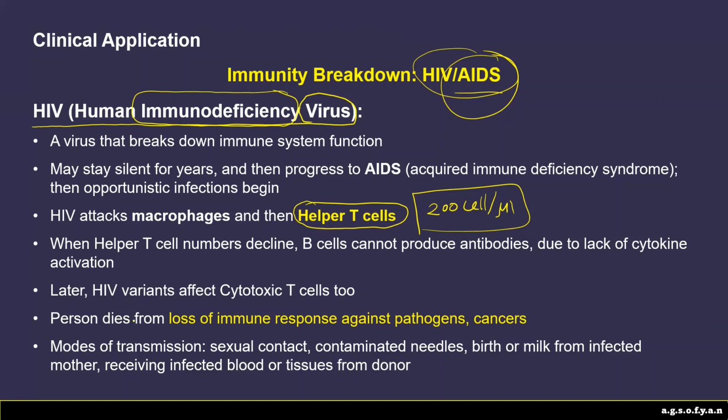And usually the person with AIDS will die because of lost immune response against any pathogen or cancer. Okay, sometimes these people will really get cancer easily. So AIDS people usually have skin cancer. They also may have pneumonia really easily.